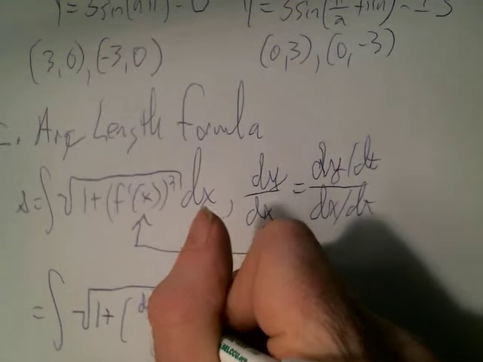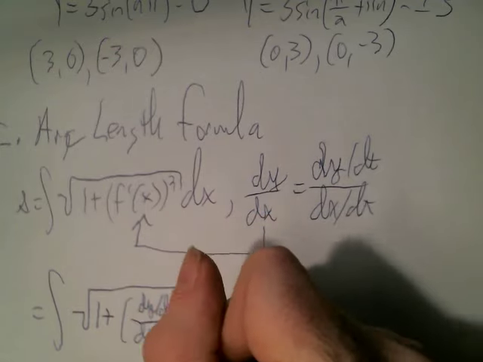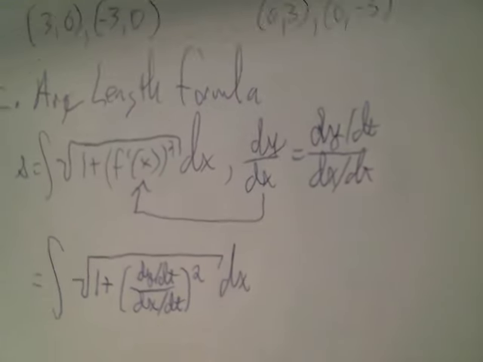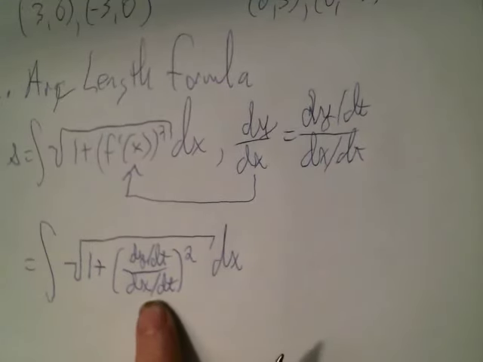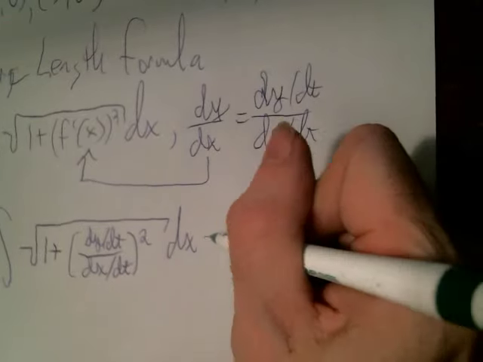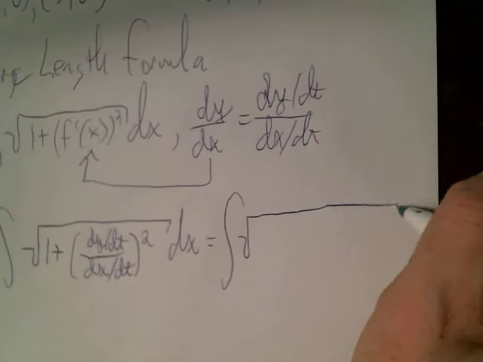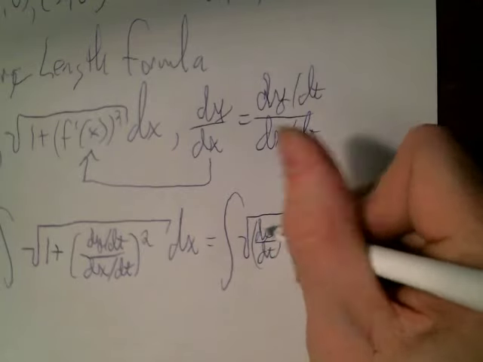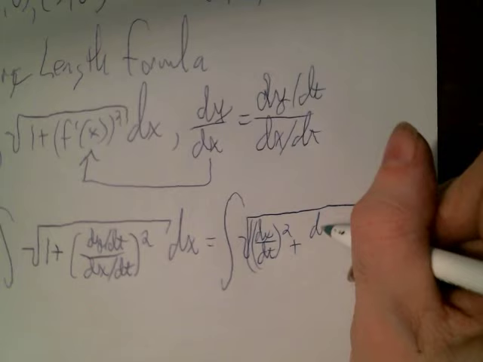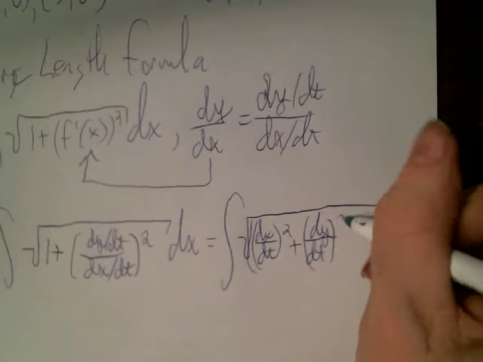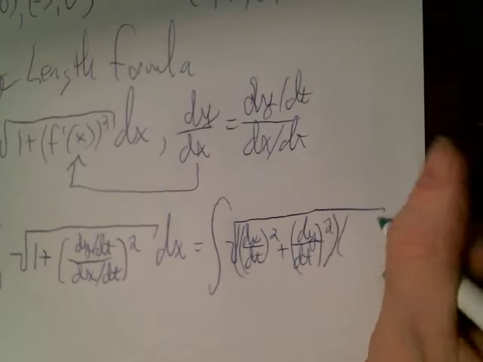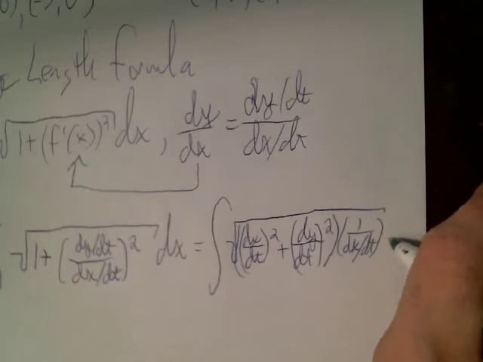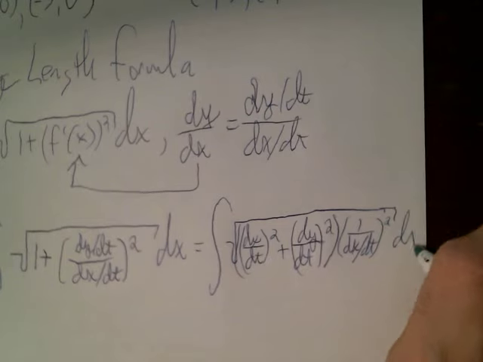Dy over dt over dx over dt squared, dx. Then I'm going to factor out 1 over dx over dt. Okay, so this will equal the integral of the square root of dx over dt squared plus dy over dt squared times this thing I factored out, 1 all over dx over dt squared, and then I have dx.